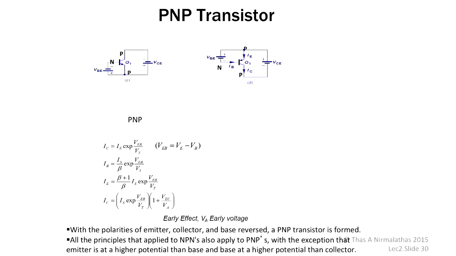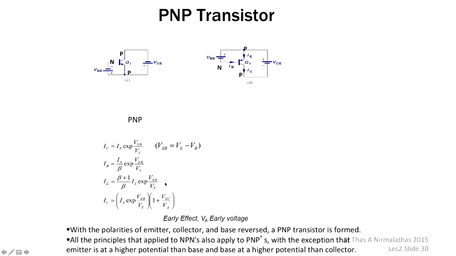Then the equations. So the equations for the PNP transistor, again, I have drawn like this. Here it is negative, here it is positive. For the PNP transistor, IC equals IS into exponential of VEB, that is VE minus VB, divided by VT.